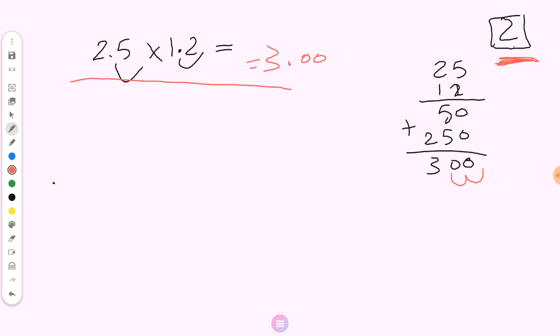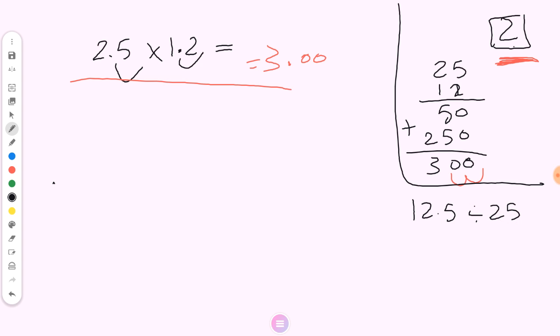Also for division, you can actually divide by a decimal number. So if you want to divide 12.5 by 2.5, I can divide it by a decimal number.